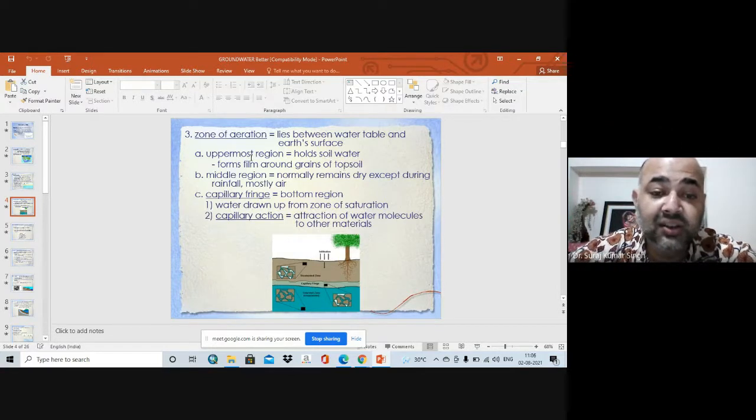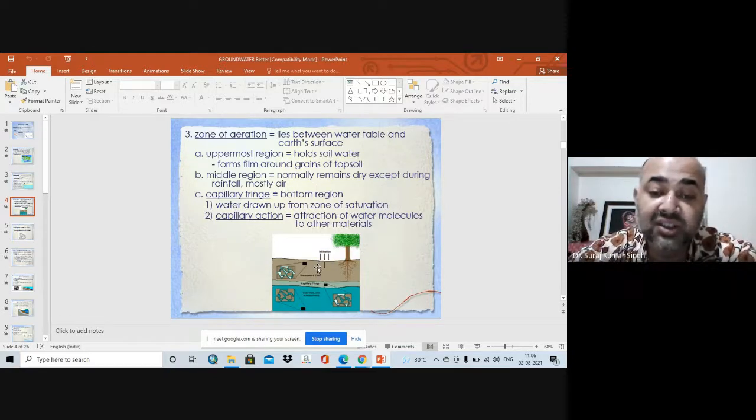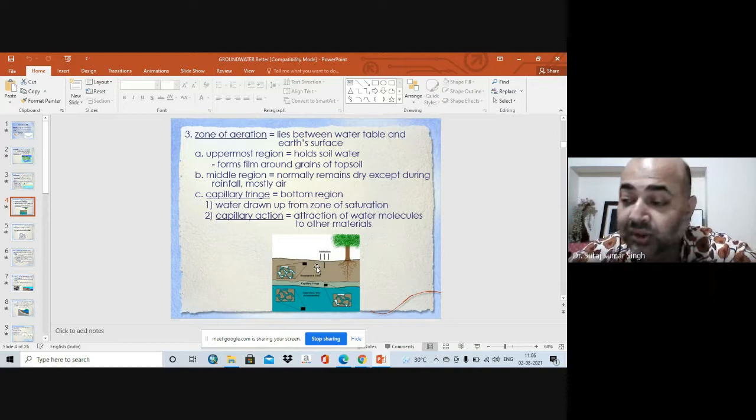That's why you have two different regions. One is the uppermost region where the water is held by the topsoil, by the ground grains, and the middle region generally remains dry except during rainfall or mostly through the years. So the zone of aeration consists of water particles and air.